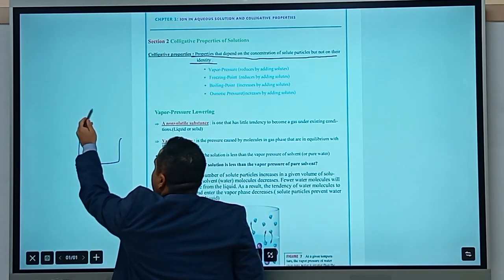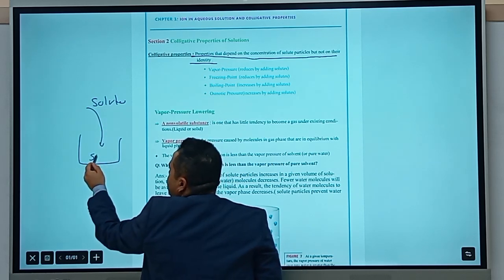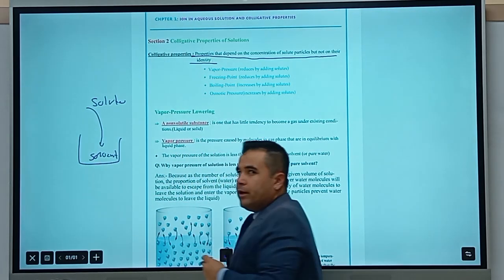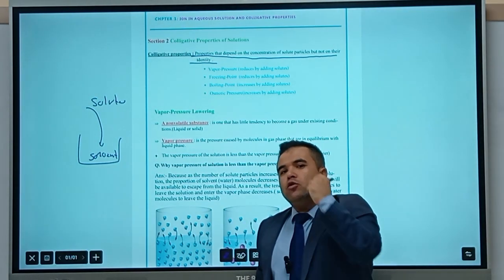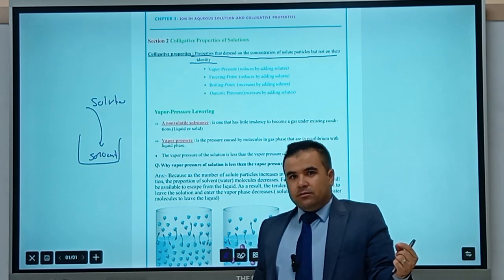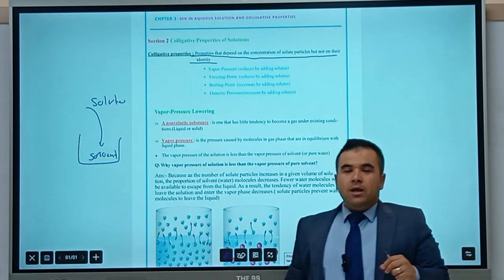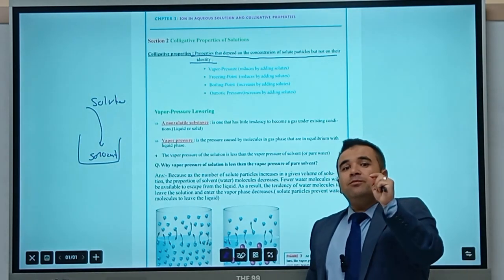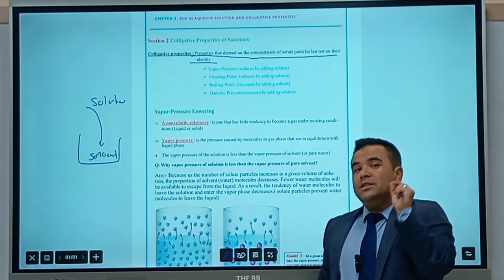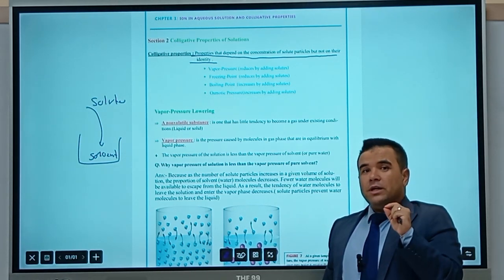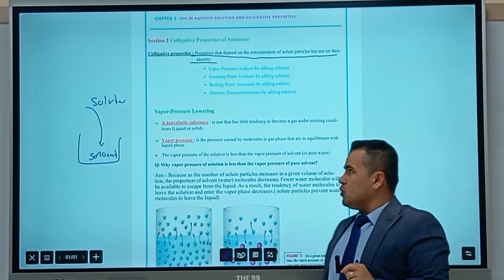Addition of any amount of solute to the solvent, which usually is water in our cases, changes some property of the solution compared to the solvent, and those properties are classified as colligative properties. They depend on the amount of the solute, not on the identity of the solutes. Regardless of the identity, the solute's concentration changes those properties.